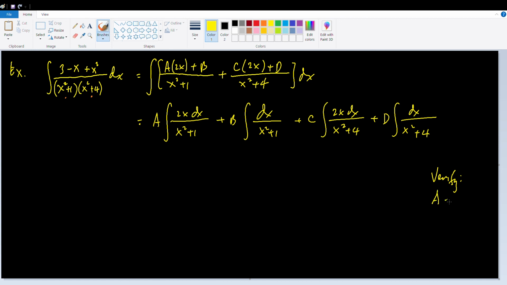For a, it should be equal to 1, b should be equal to negative 1 half, c is 1. Oops, sorry, I think I have the wrong set of values.